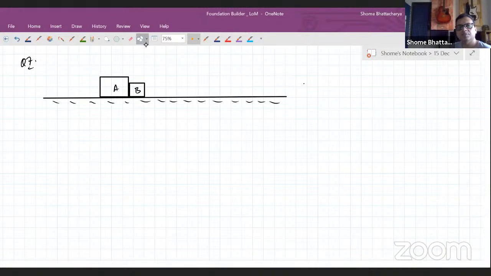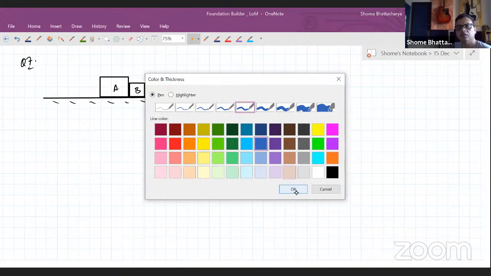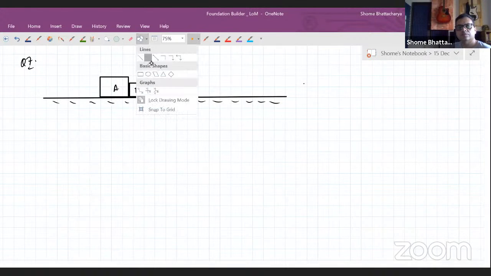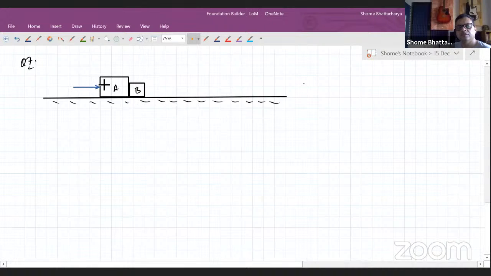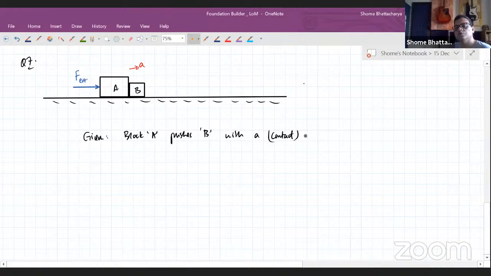And what is happening is that the experimenter is pushing the block A with a certain amount of force. So this is not the force F that they've given. This is the force that the experimenter applies, let's say the external force. So as a result of this force, both the blocks are accelerating together. Okay. Now given that the block A pushes B with a contact force equal to F in magnitude.